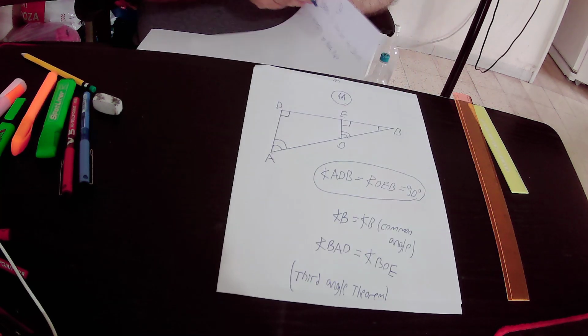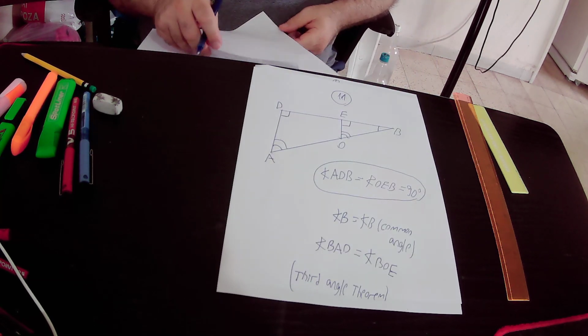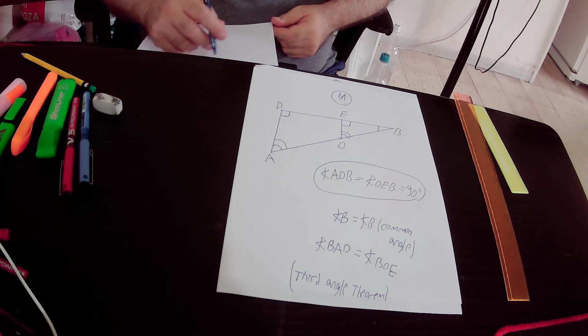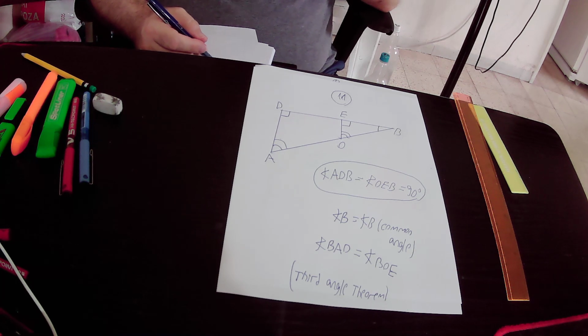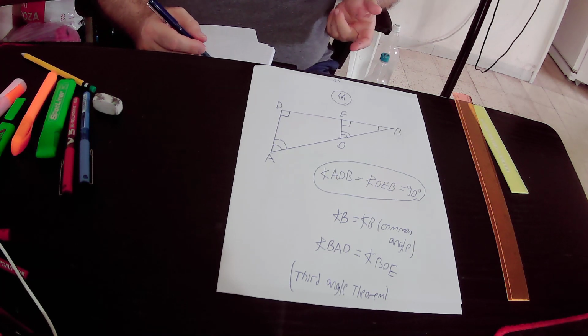Okay, so, from the fact that those two triangles are similar to each other, the following relationship exists between the sides of those two triangles.